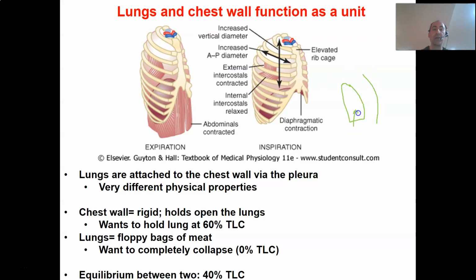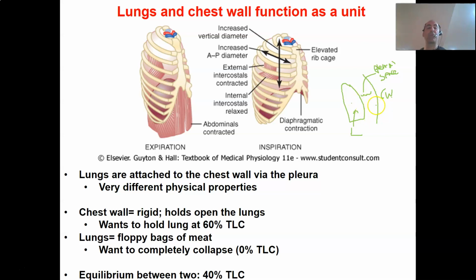Imagine that there is a water gap here. This is the pleural space, and this pleural space is what connects the lung and the chest wall.